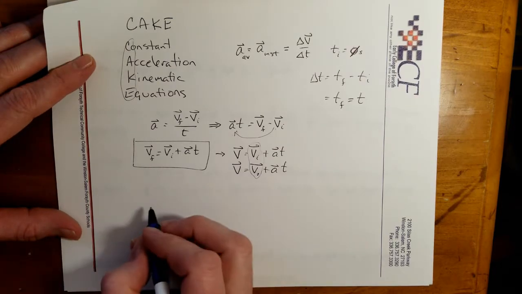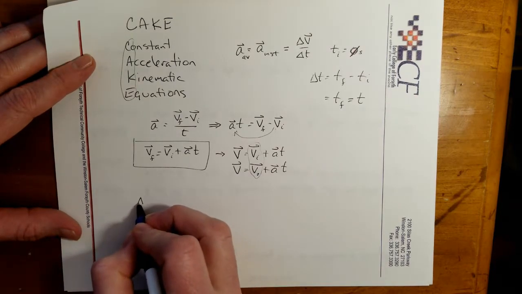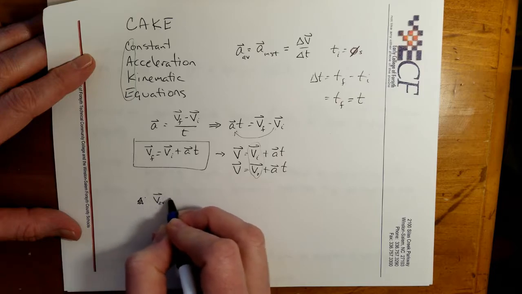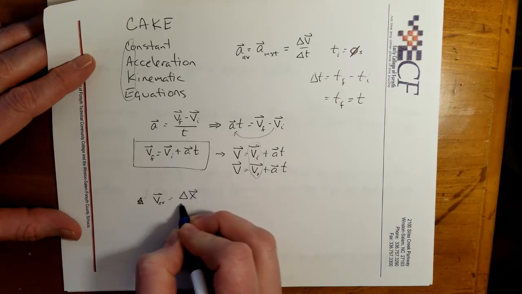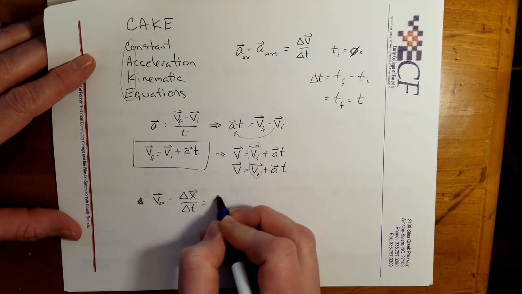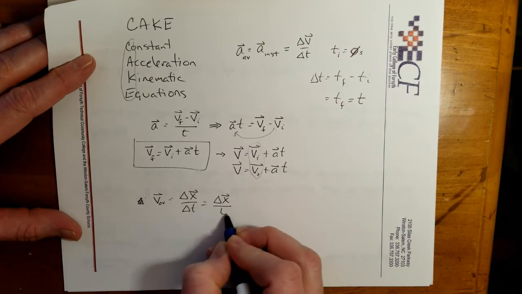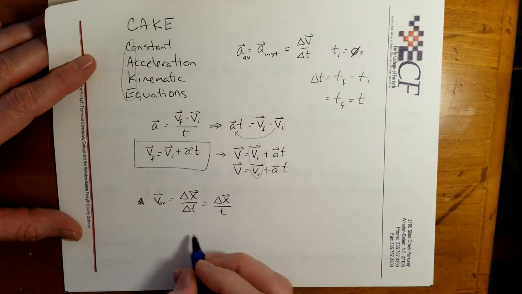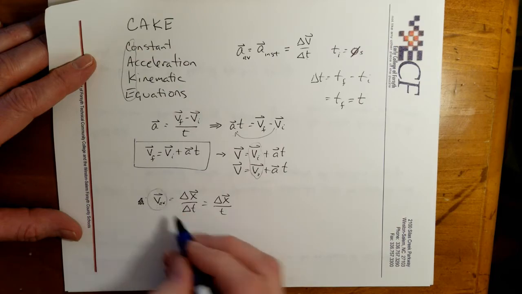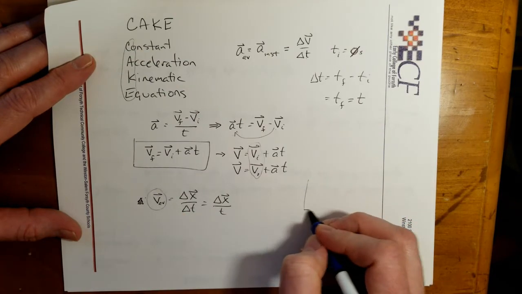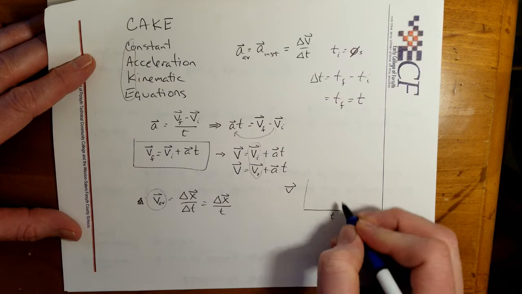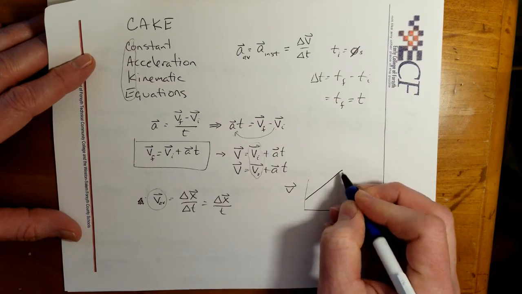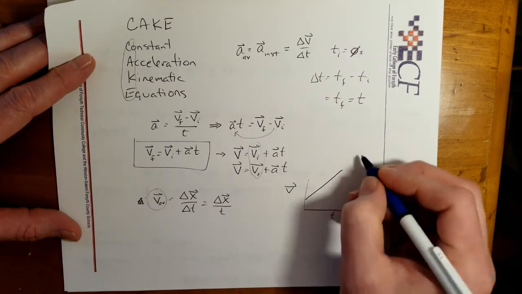All right, so let's go for the next one. I know that average velocity is the change in position over the change in time, or we could just say displacement divided by time. Same argument as over there for the time. And so if I have a velocity versus time graph here, if acceleration is constant, then the slope is constant.